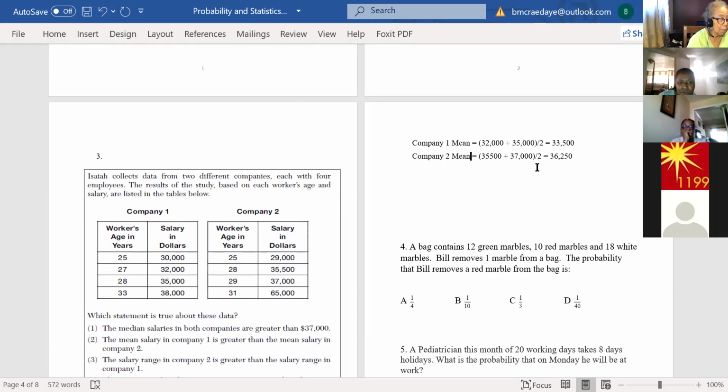I would add all these salaries up. So that would be 30,000 plus 32,000 plus 35,000.